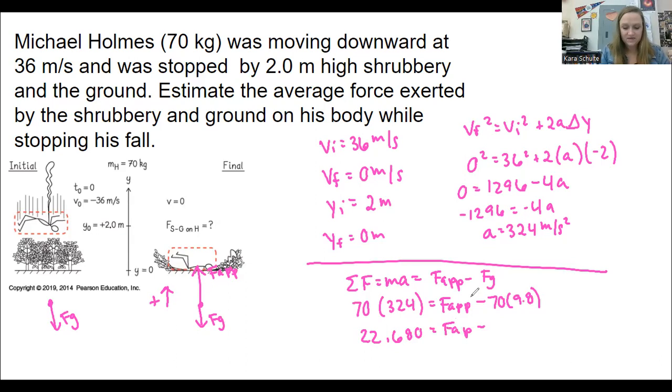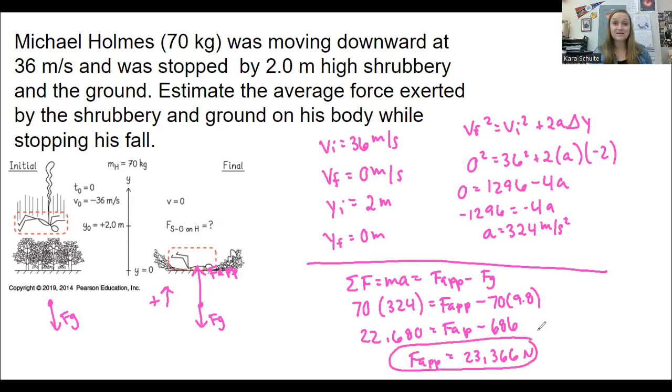And then 70 times 9.8 gives me 686. So to solve for this applied force, I'm going to add my two answers together, which gives me an applied force of 23,366 newtons. That's a lot. But that's our correct answer.